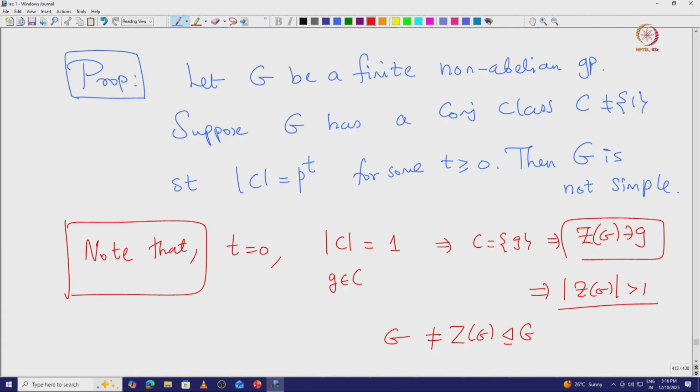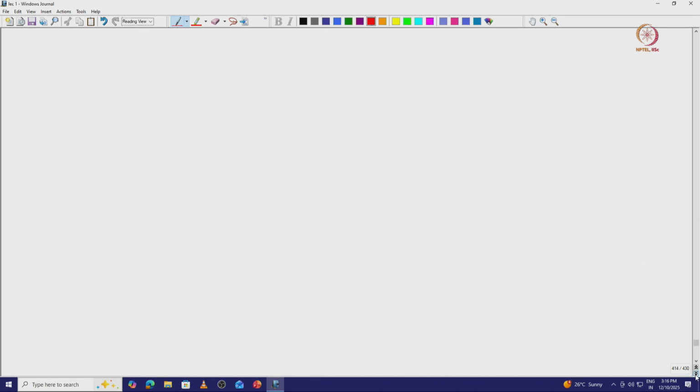So now let us use this proposition to prove Burnside's theorem. Let us see the proof of Burnside's theorem, which asserts that any group of order p power a q power b is not simple unless it is cyclic of prime order. If it is cyclic of prime order, then we already know it is simple, so those cases we can just ignore.